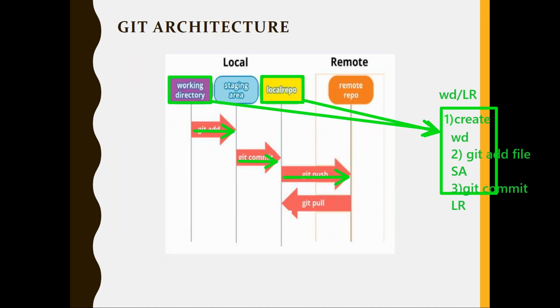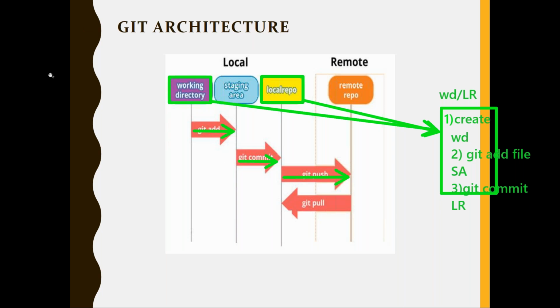Only once you push to remote, other people can see what changes you made. Am I clear? Got it, all of you? Any confusions? And working directory, local repository, I'm repeating again, it's the same folder.